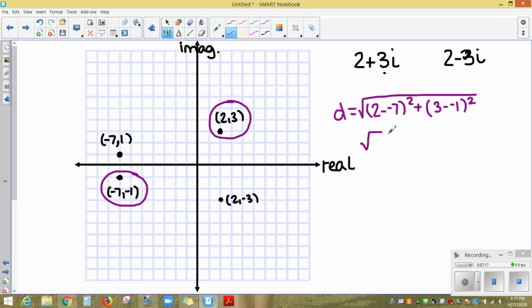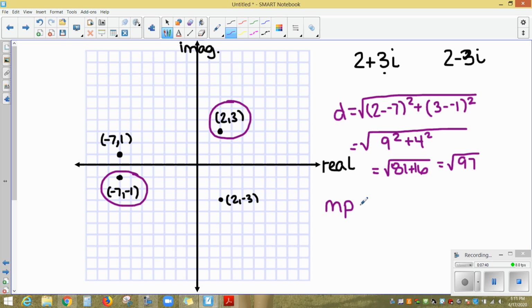Remember, the distance formula comes from the Pythagorean theorem, a squared plus b squared equals c squared. If that were to simplify, we'd break it down more, but I think we're pretty safe to say that's done.